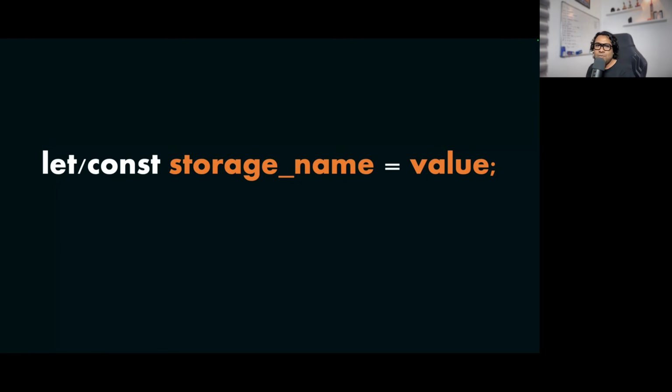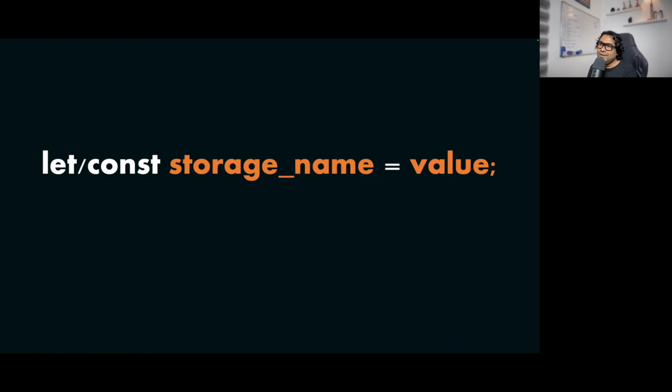So what we see now is let/const storage name equals value. This is the syntax using which you will be declaring a variable in modern JavaScript. What is let/const? We will say let, const, and there is another sister of them, a little bit evil sister, called var.